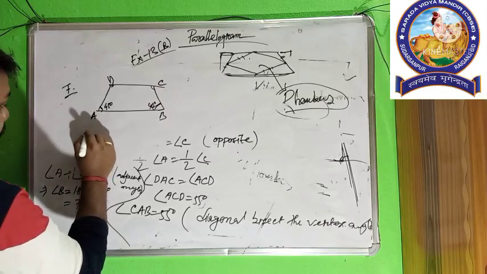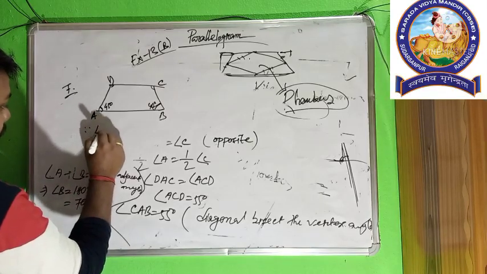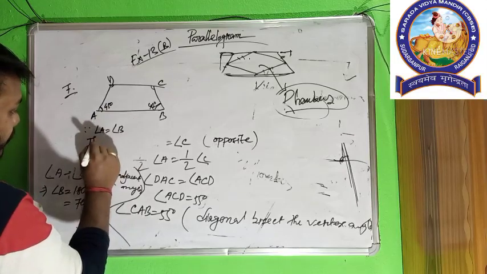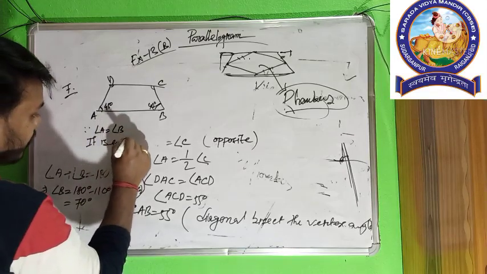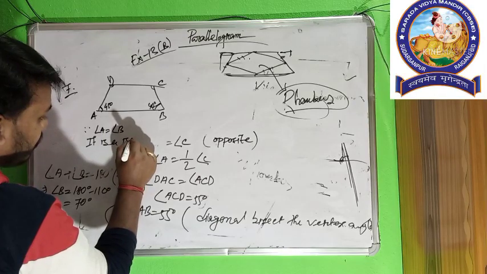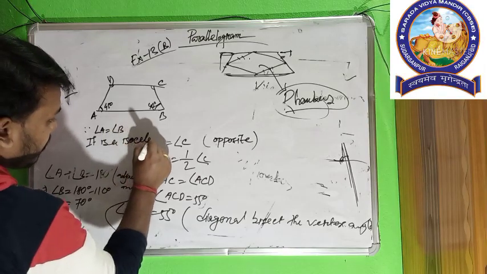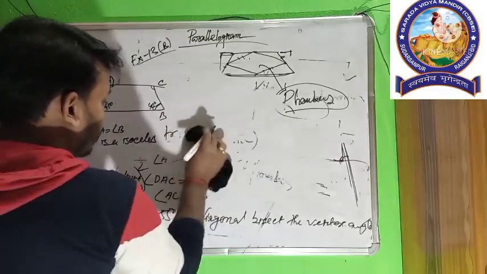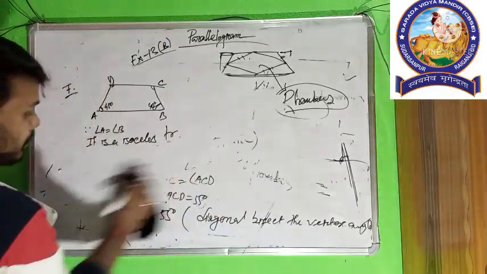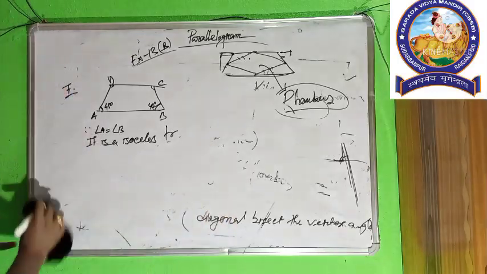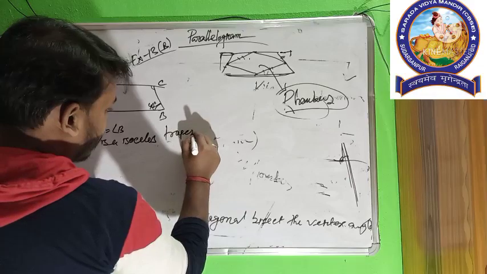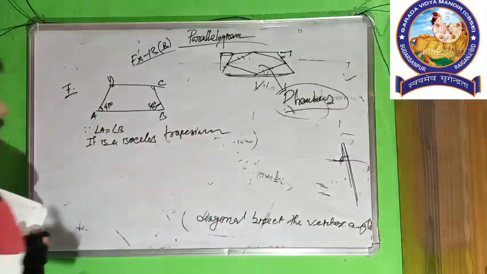Since angle A equals angle B, it is an isosceles trapezium.